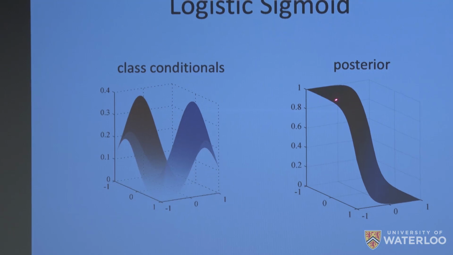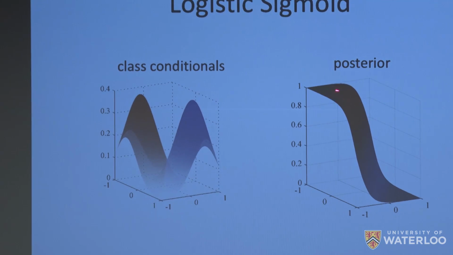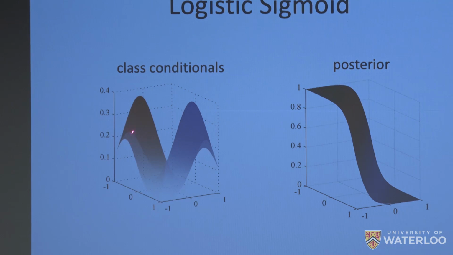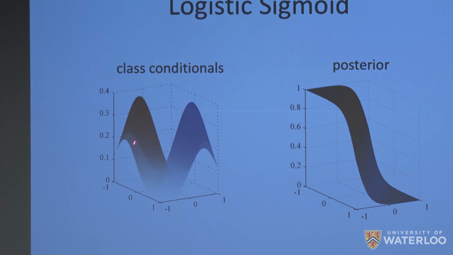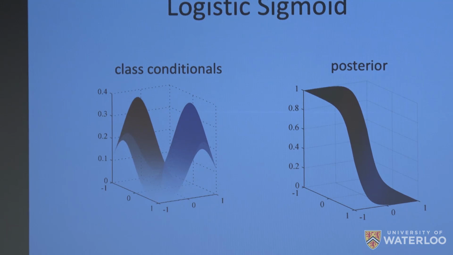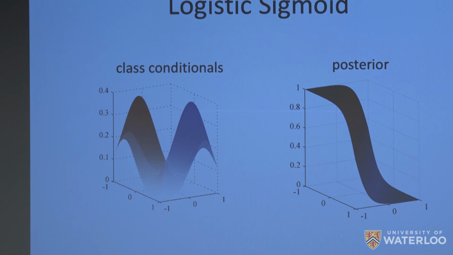Here this is simply the probability of the red class, so that's why this axis goes from 0 to 1. Here this is the probability density for each class. So we've got a probability density for the red class, the one for the blue class, and that doesn't have to go from 0 to 1, right?